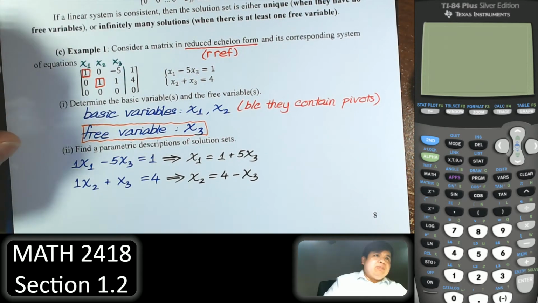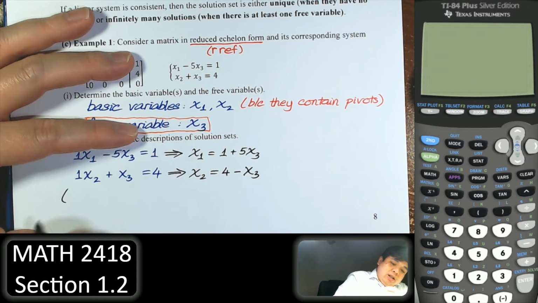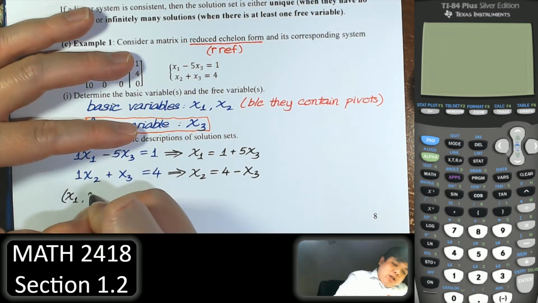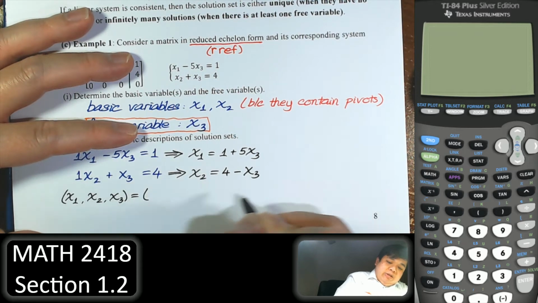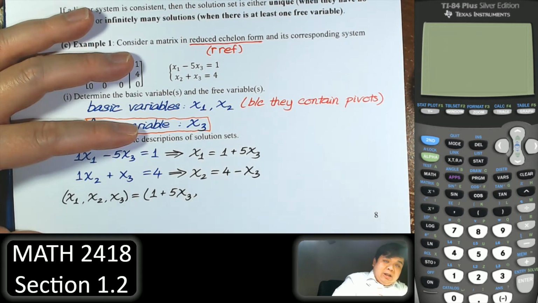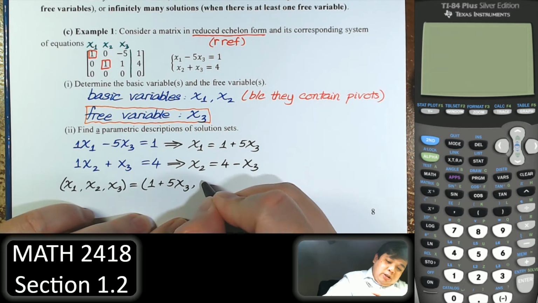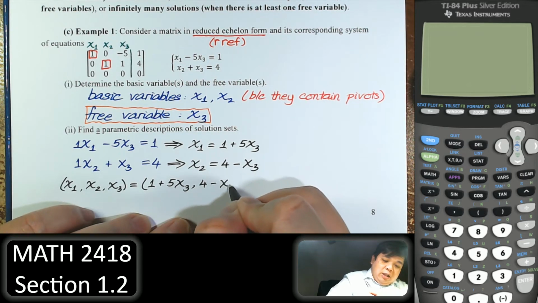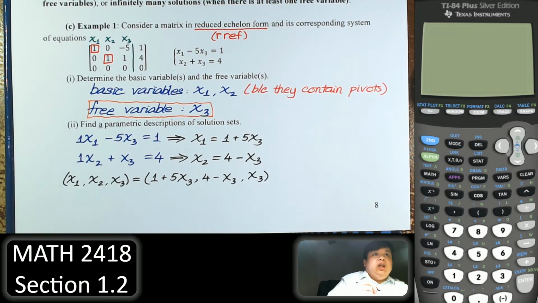Our solution is a set of three numbers, x1, x2, x3, in the form x1 is going to be 1 plus 5x3, x2 is equal to 4 minus x3, and x3 is x3, can be anything.